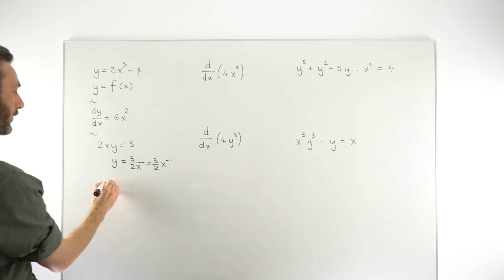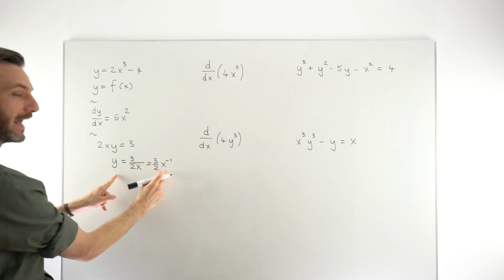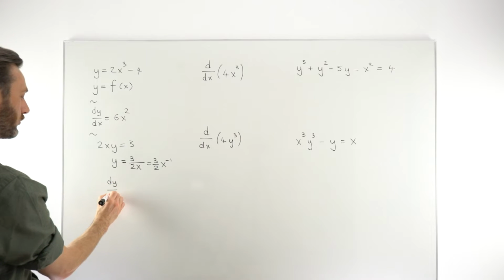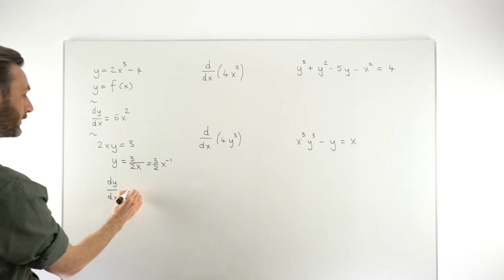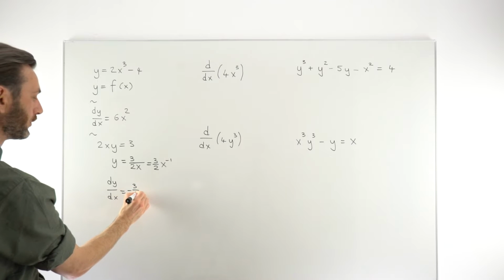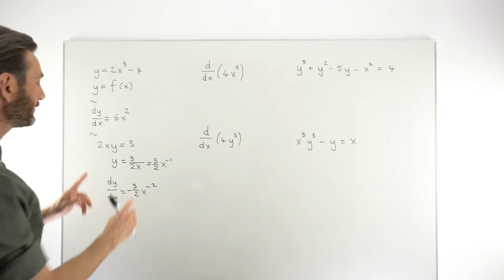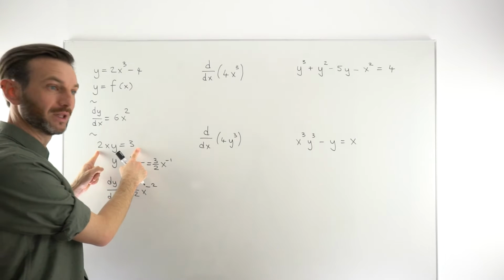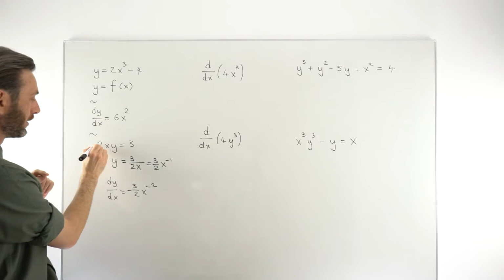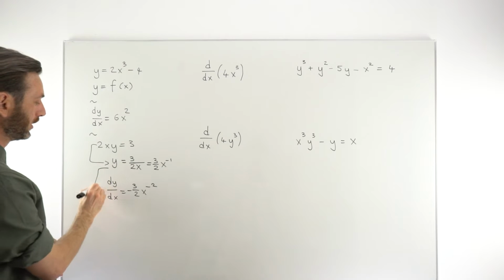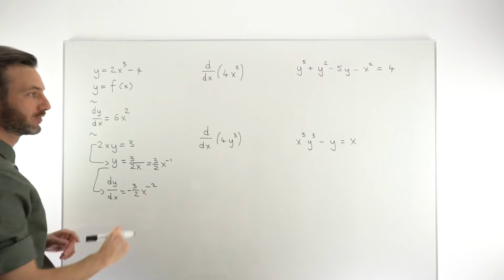Now we can carry on with that, because it's now written in an explicit format, and we could say that our dy dx, our derivative using the power rule, is going to be minus 3 over 2 times x to the minus 2. So basically, even though this function was defined implicitly, we were able to then reorder it into an explicit form, and then we could apply the power rule to get our derivative.